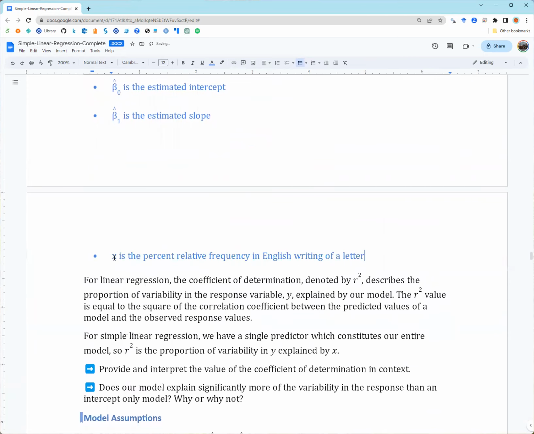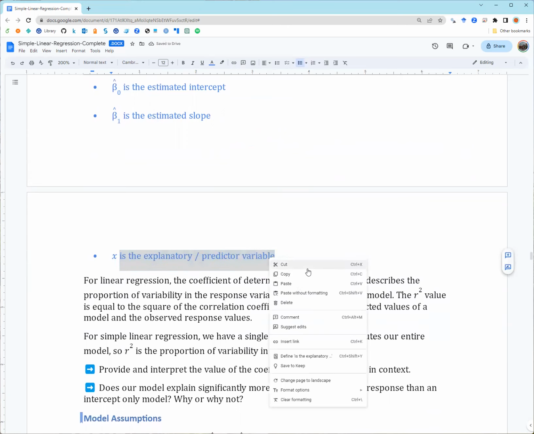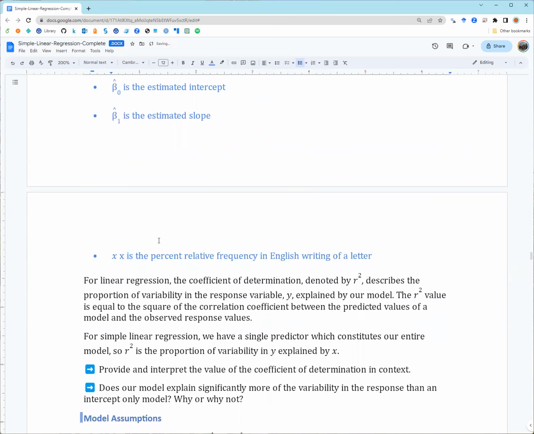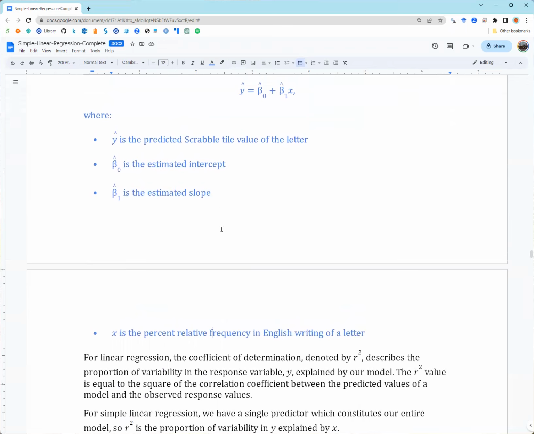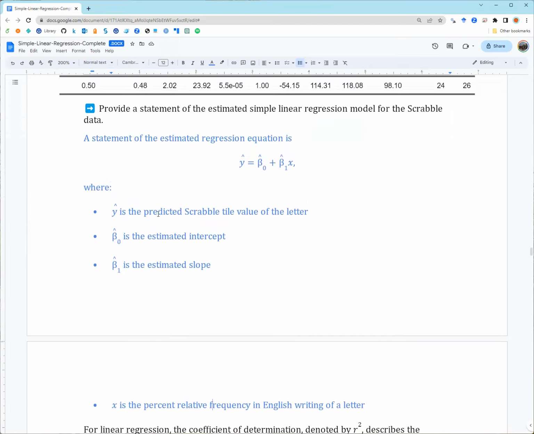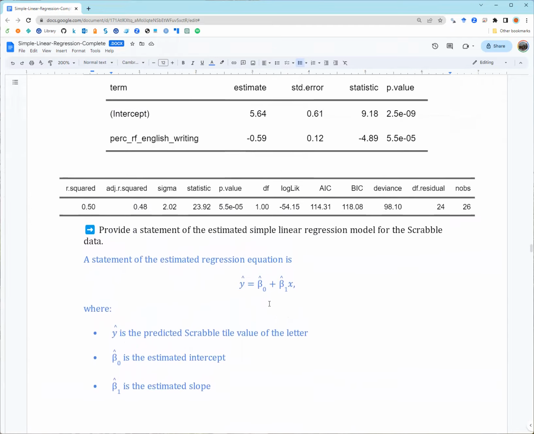So note importantly that X does not have a hat. The predictor variable is always treated as fixed or as a constant, a known value. X is the percent relative frequency in English writing. Y hat is the predicted Scrabble tile value. And then beta naught hat. Okay, so we're going to fill in the actual number in the equation.